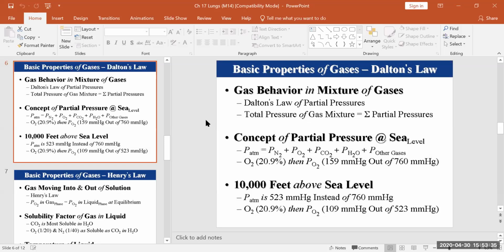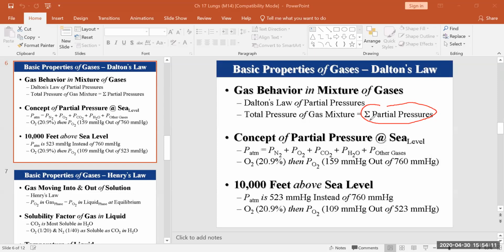This law gives us an idea of the pressure in a gas, the contribution of each gas member to the total pressure in that compartment. The total pressure of a gas mixture is the sum of all the partial pressures contributed by each gas present in that mixture.